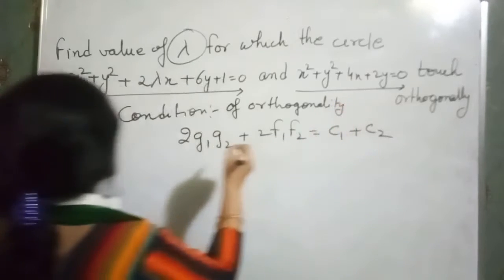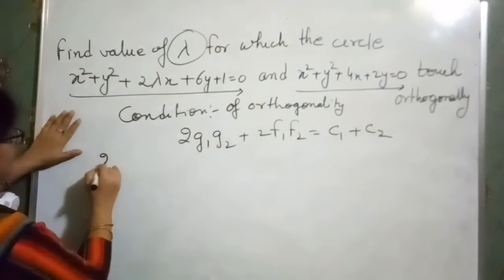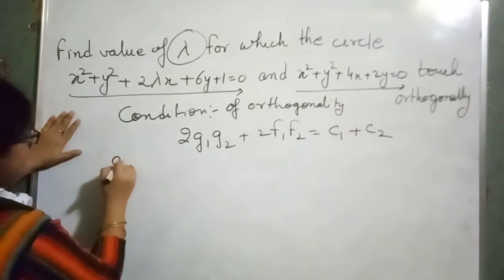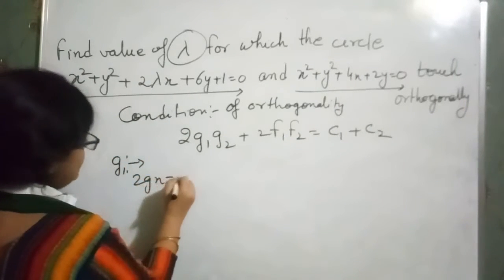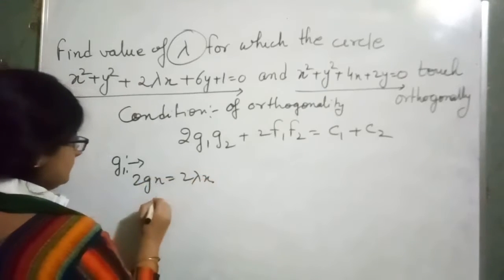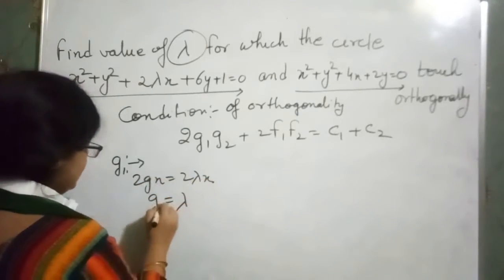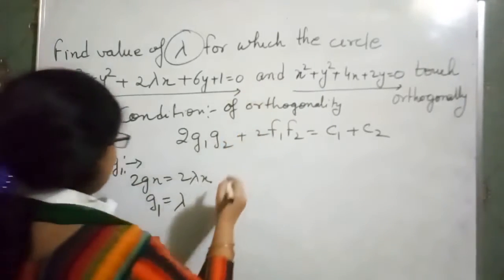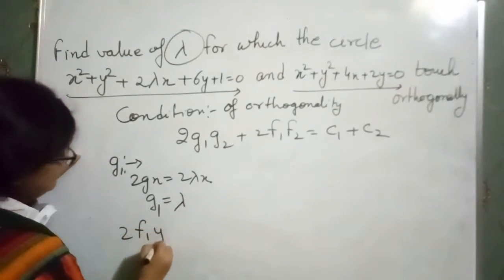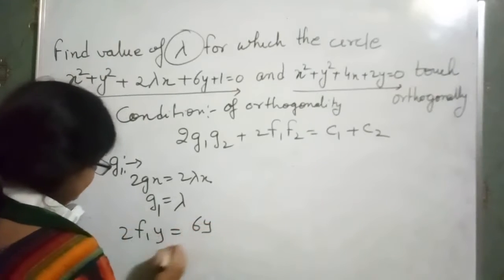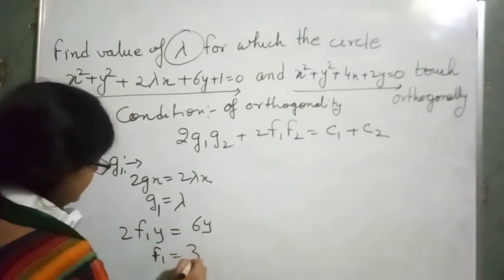So when we compare, that means we compare g1. We have 2g1x is equal to 2 lambda x, so the value of g1 is equal to lambda. Now 2f1y is equal to 6y, that is f1 is equal to 3.